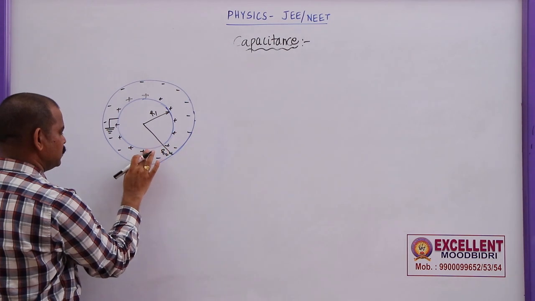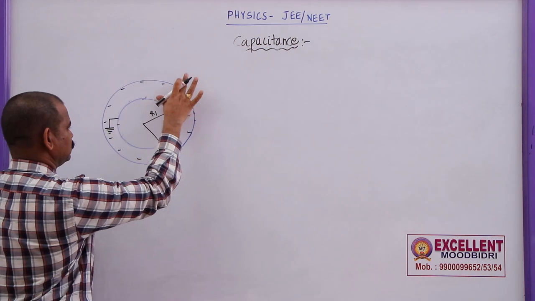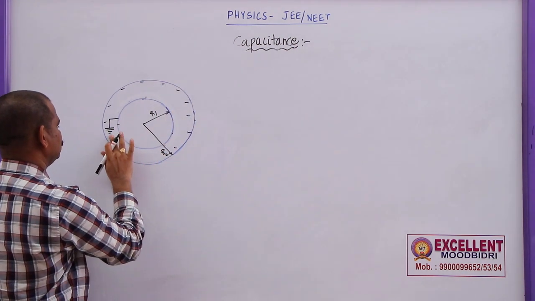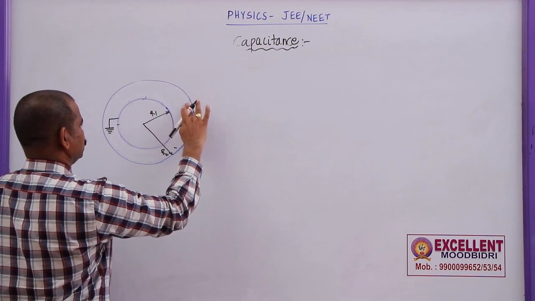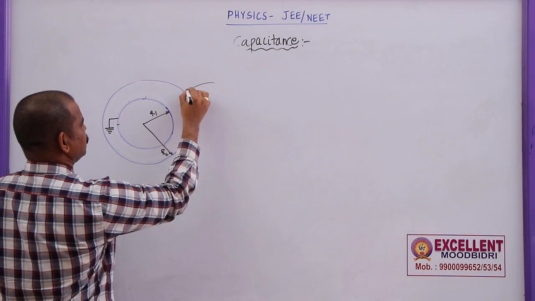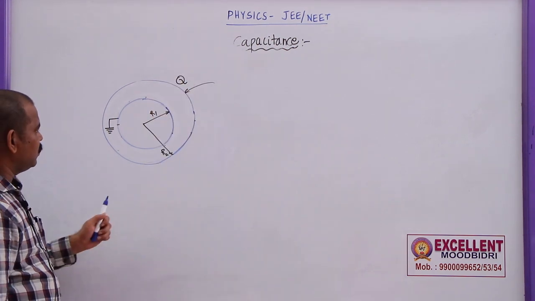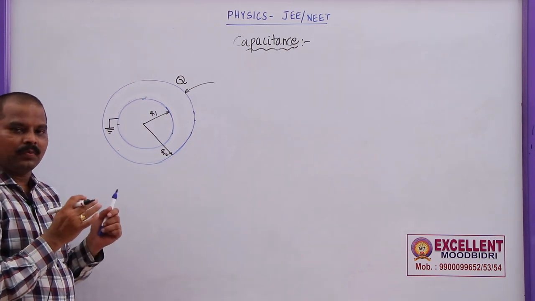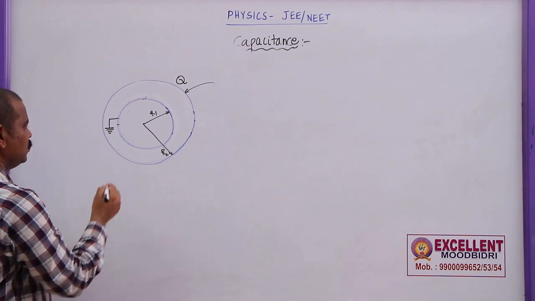So, then what happens? Now, here let us say a charge is given here, the charge on this one is q. We know that whenever a body is earthed, the potential on that body must become 0, the charge may or may not become 0.